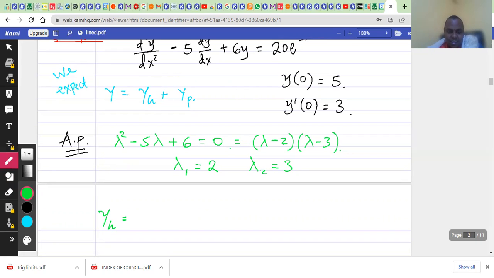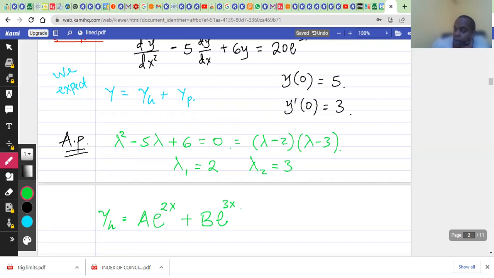This is A e to the power of 2x plus B e to the power of 3x.